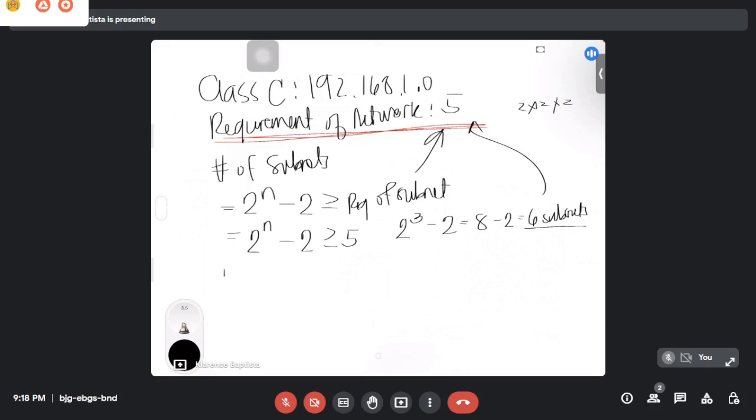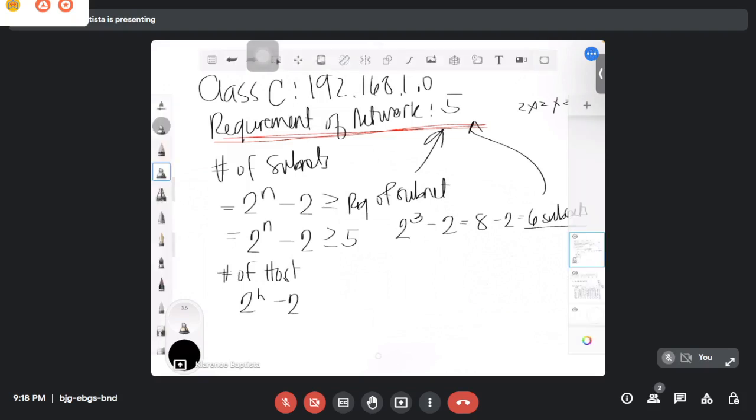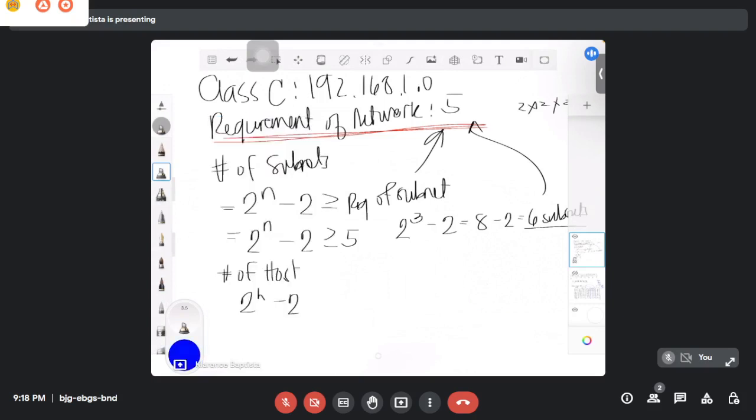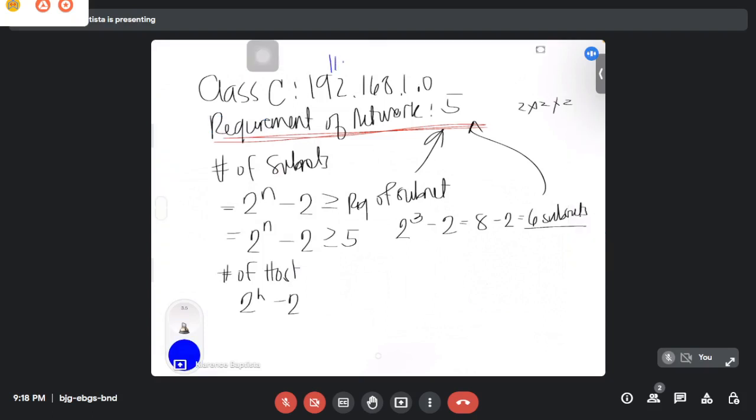Now, let's compute for the number of hosts. The number of hosts, formula is 2 raised to h minus 2. Now, bago pala yan, since this is class C, ang binary equivalent po ng ating class C would be 1, 1, 0, tapos x3, dot.